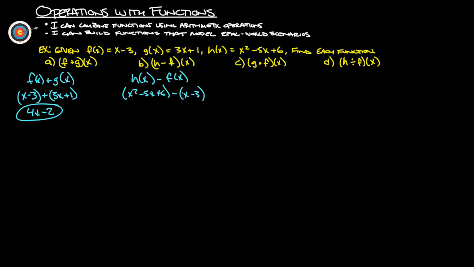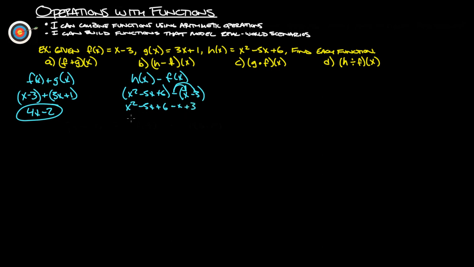This is why it's important to put them in parentheses when you substitute them in, because this whole x minus 3 is getting subtracted, so we have to distribute that negative to both parts. So we end up with x squared minus 5x plus 6, and then negative times x is negative x, negative times negative 3 is positive 3.